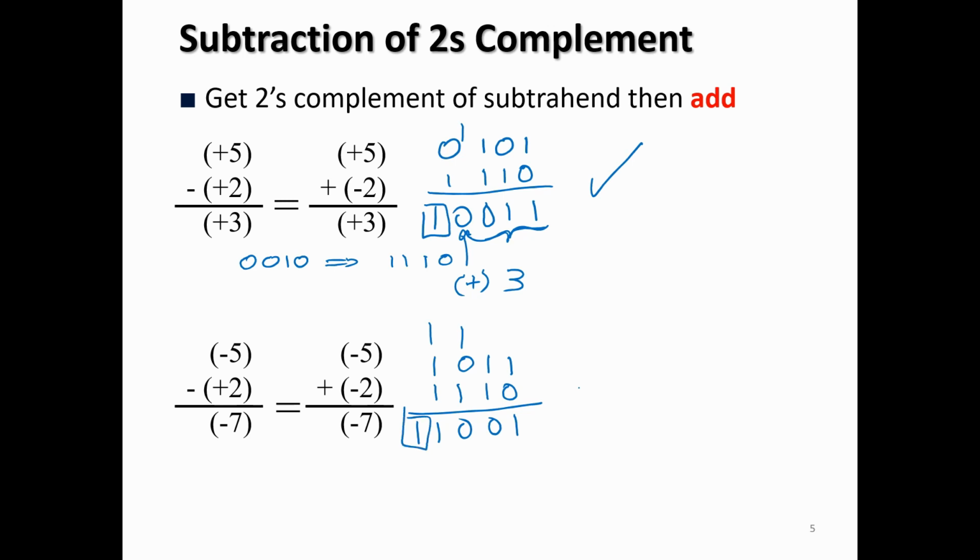We ignore this extra bit. This is a negative number. And then we do the shortcut conversion to decimal. So 1110, okay, that's a 7. So we have a negative 7. So in this case, we also see that subtraction with two's complement works.